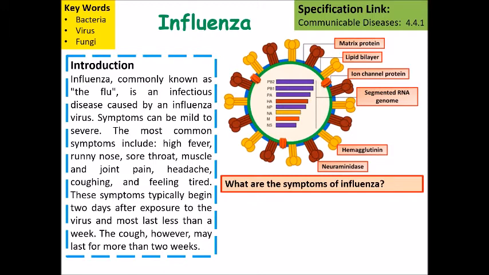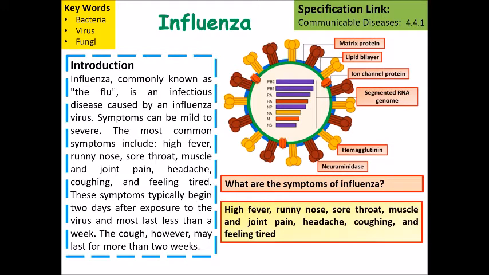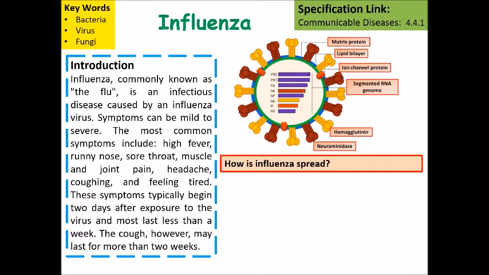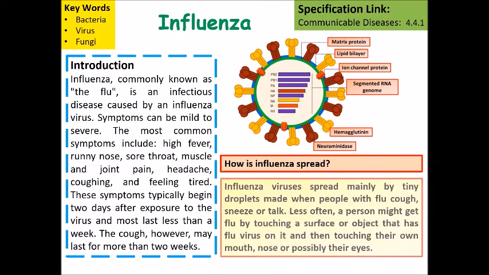What are the symptoms of influenza? High fever, runny nose, sore throat, muscle and joint pain, headache, coughing, and feeling tired. And finally, how is influenza spread? Influenza viruses are spread mainly by tiny droplets made with the flu in them when people cough or sneeze.